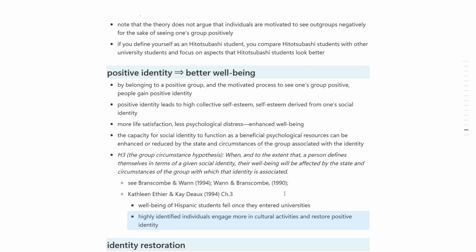But people can deal with the situation differently. And in this study, they found that those who strongly identify with their Hispanic identity engage in more cultural activities, and through doing that, they restored their positive identity, and then they restored their well-being as well.